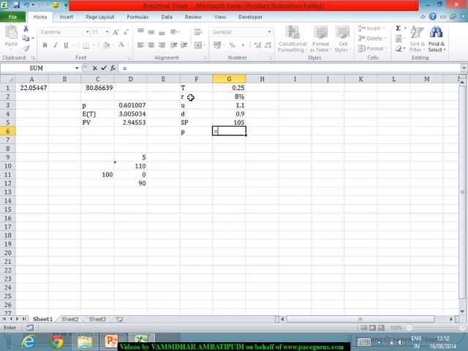From here I am able to find out the risk neutral probability, which works out to e^(RT) minus D, divided by U minus D, resulting in the probability of going up. Probability of going down, I'll denote as 1 minus P, which works out to this much.